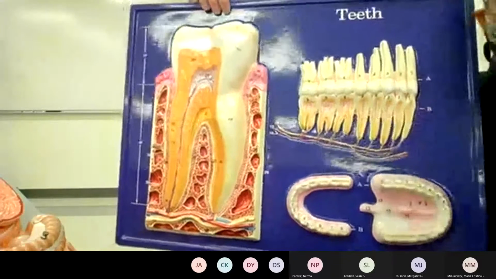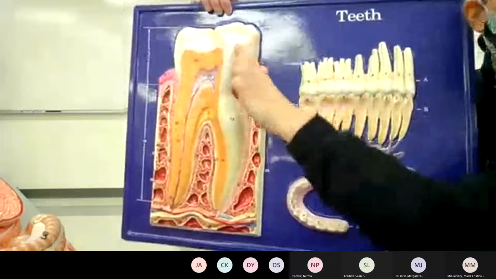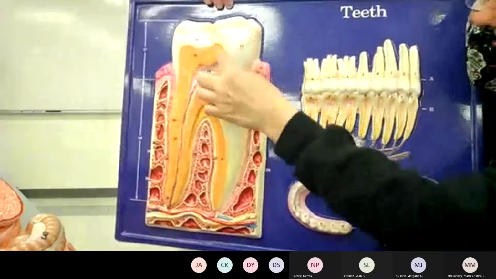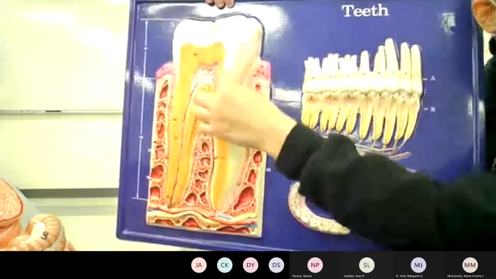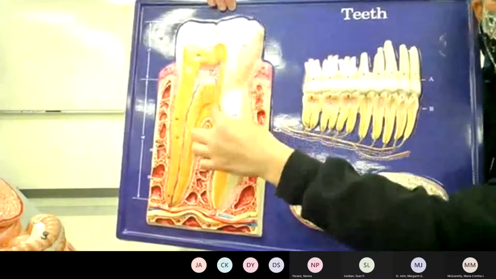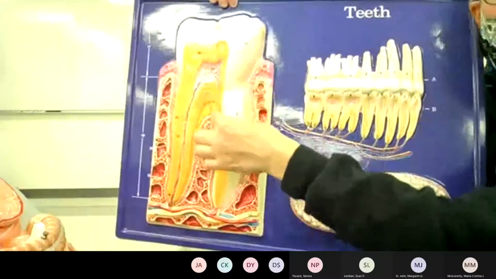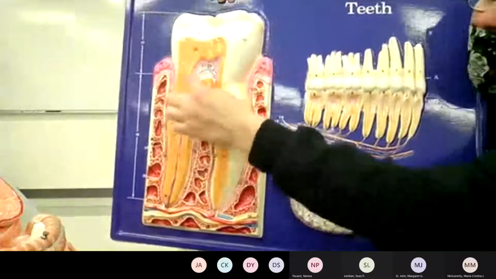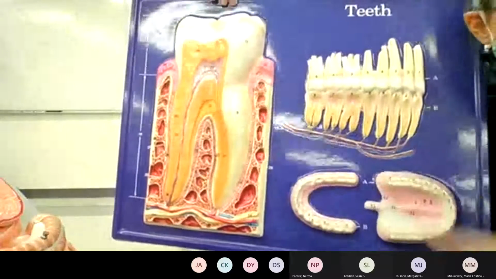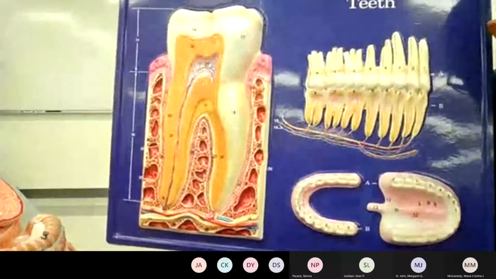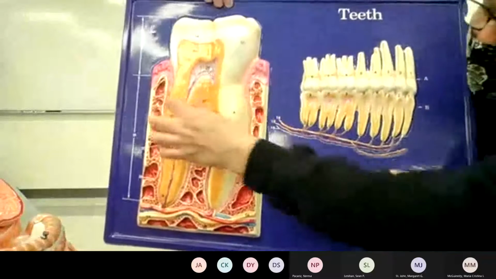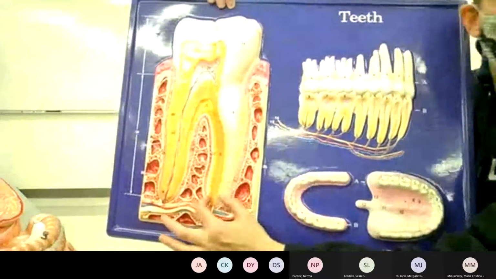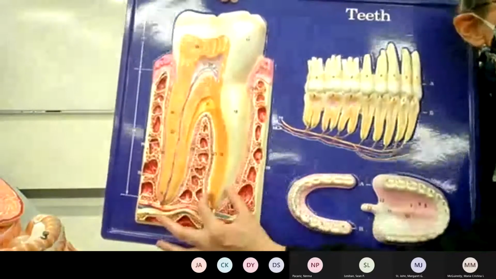Histological layers: the white outer part of the tooth is the enamel. The yellow kind of bone cell, spongy, trabecular bone part is your dentin. And then the inside cavity is your pulp cavity. All right. And then the part of the tooth that pushes into the alveolus little cavity structure, that's the root.